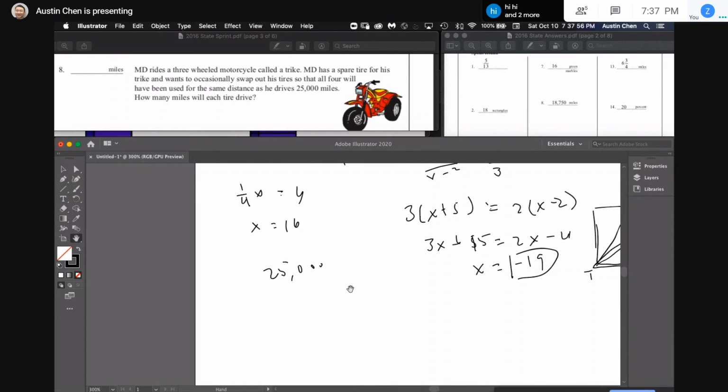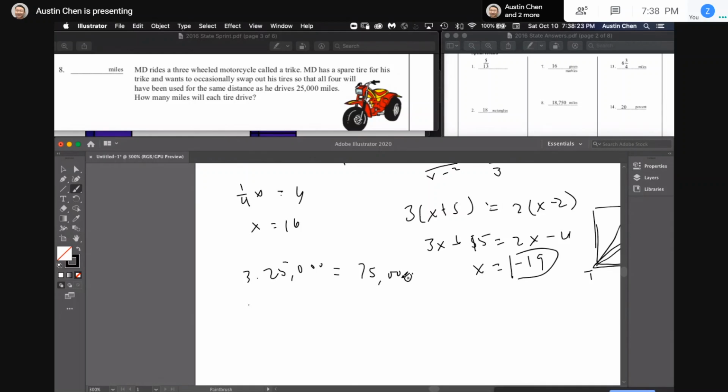You can think about the total amount of miles for the tires, not the motorcycle, as three times 25,000 miles. Why? Because the motorcycle always has three tires on it. So it's three times 25,000, which is 75,000.